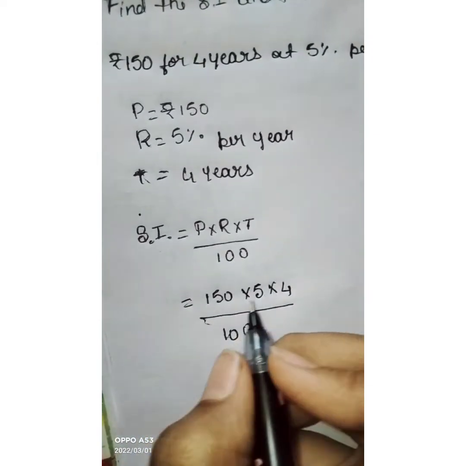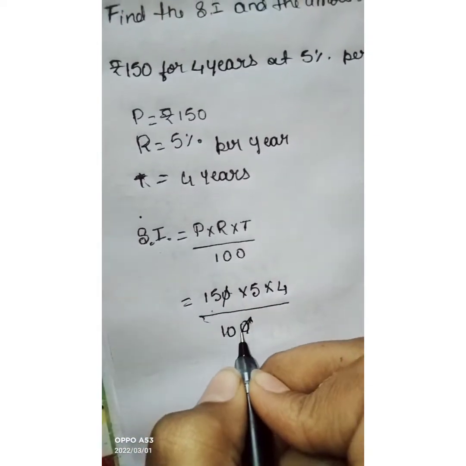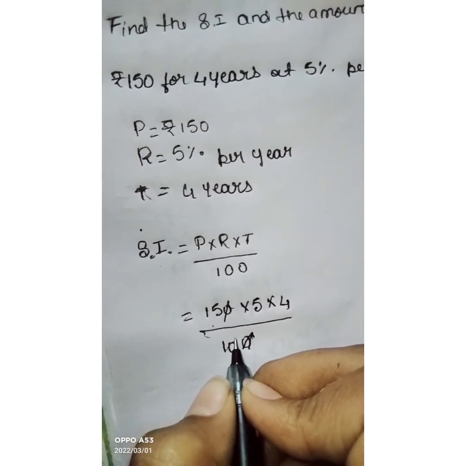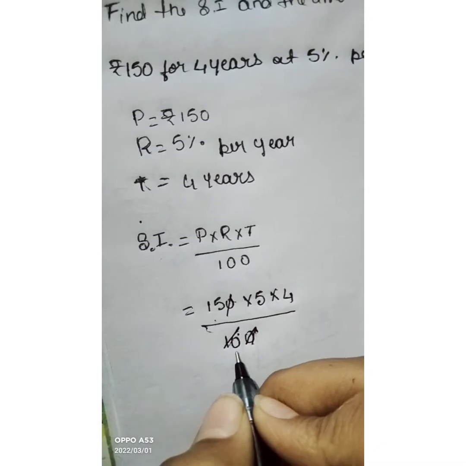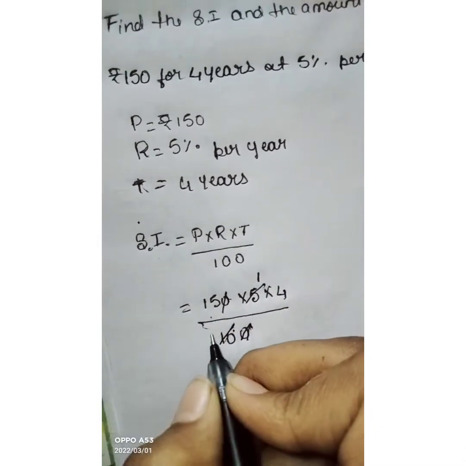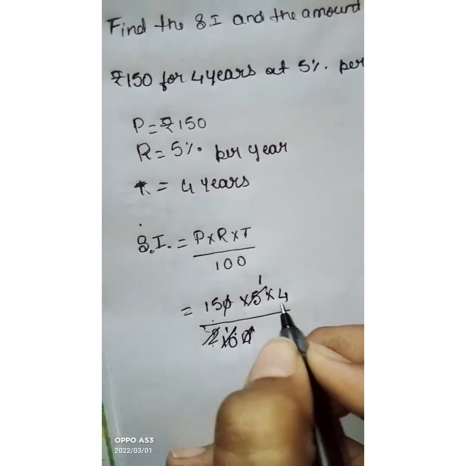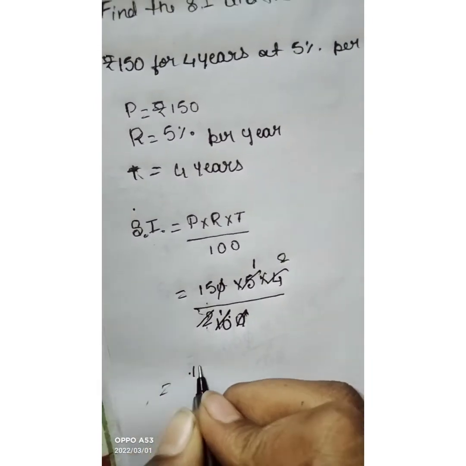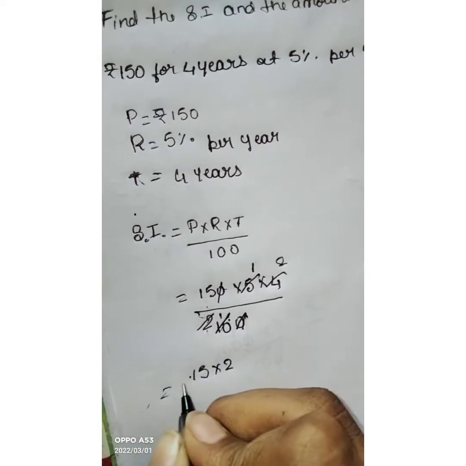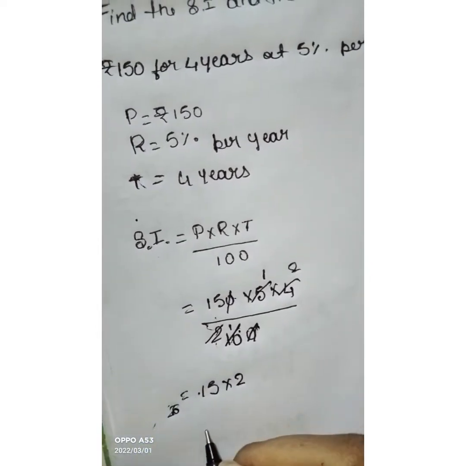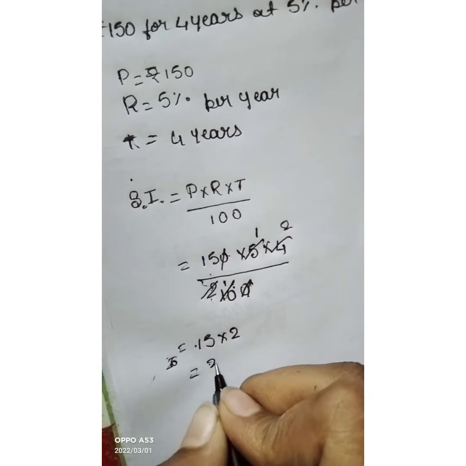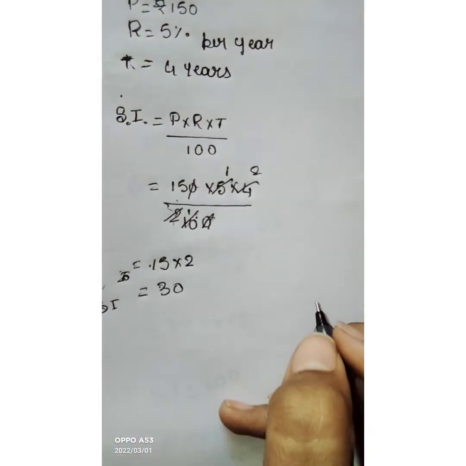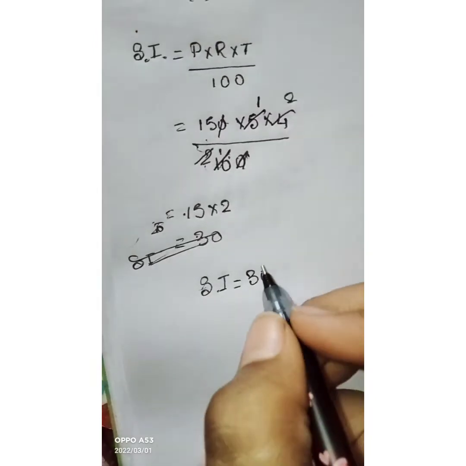So here 0 and 0 cancel. We got 10. So here 5 ones are 5, 5 2s are 10, 2 ones are 2, 2 2s are 4. Here 15 into 2, what is that? 15 2s are 30. So the SI is 30.